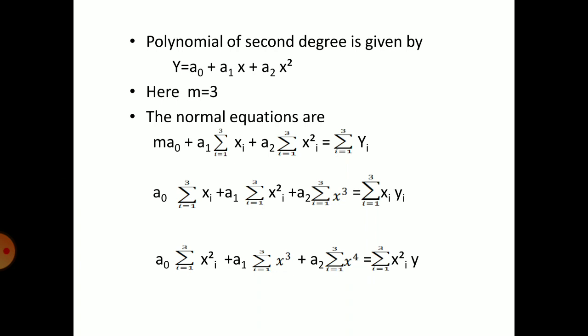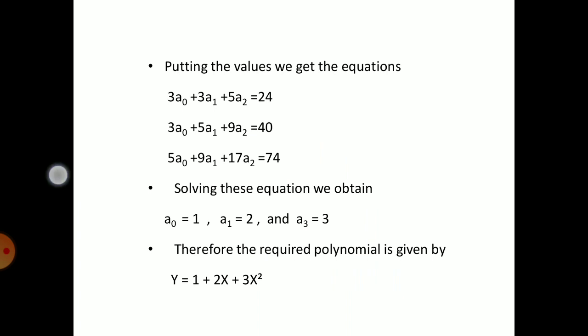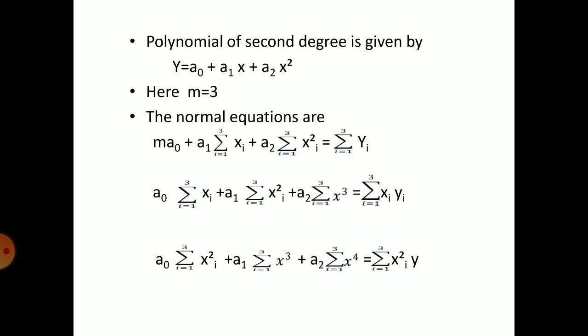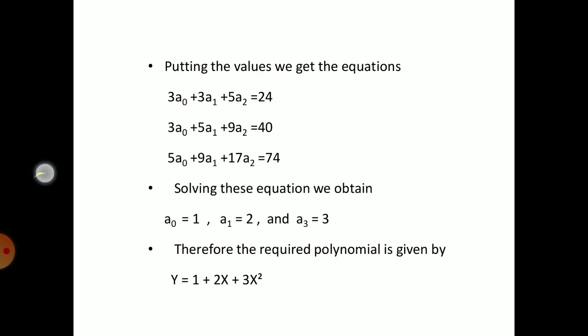You will get 3 simultaneous equations in 3 unknowns. Solving these 3 equations for a0, a1 and a2, you will get a0 is 1, a1 is 2 and a2 is equal to 3.